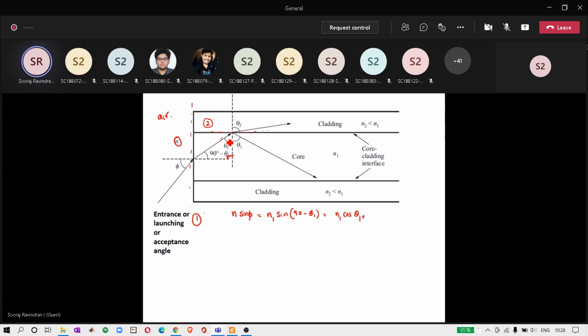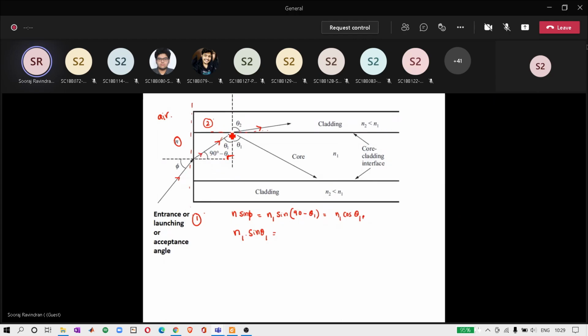At the second interface, if you apply Snell's law, what do you get? I am writing Snell's law for this ray and this ray. This is the incident ray, and this is the refracted ray. Similarly, for the first interface, this is the incident ray and this is the refracted ray.